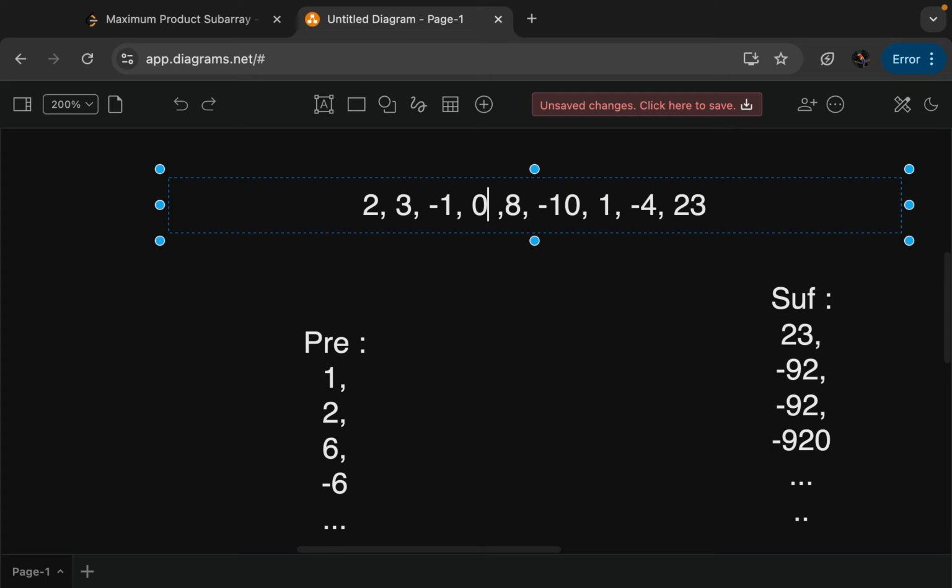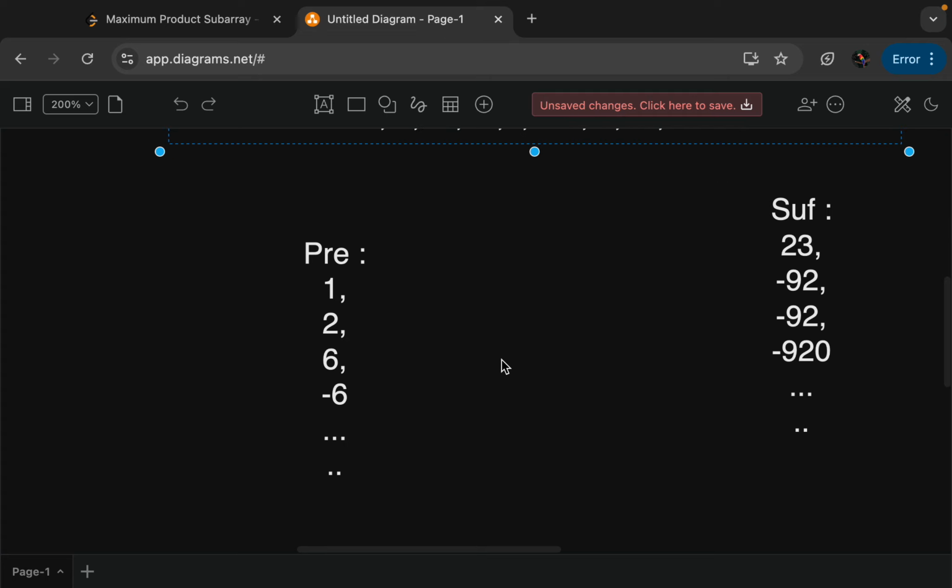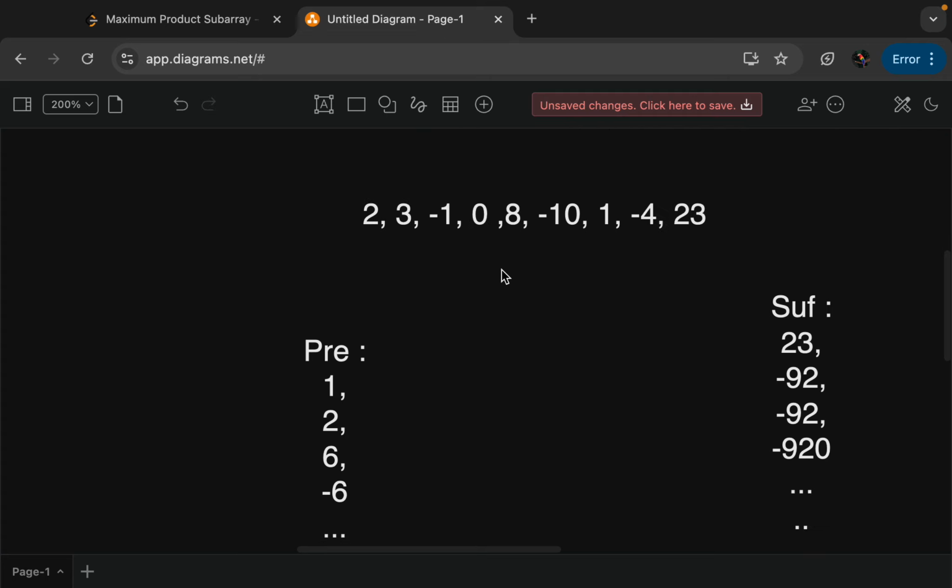So for handling the 0, we will simply initialize prefix with 1, so that the further multiplication can be taken care of. Okay, so that's how all the cases would be taken care of.